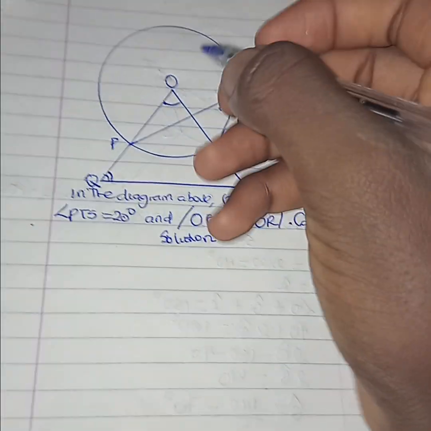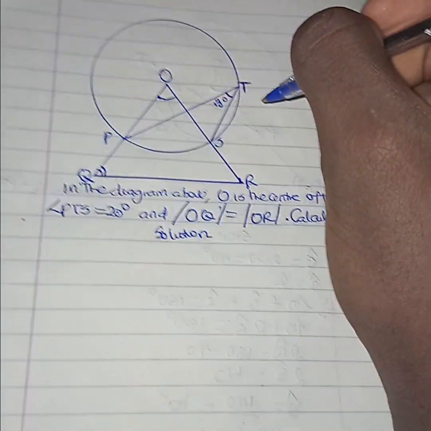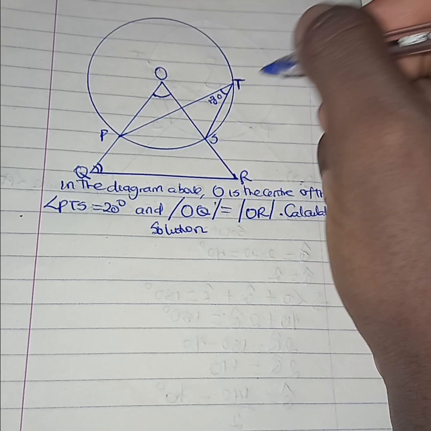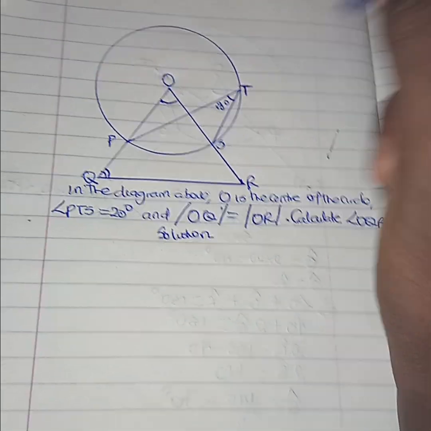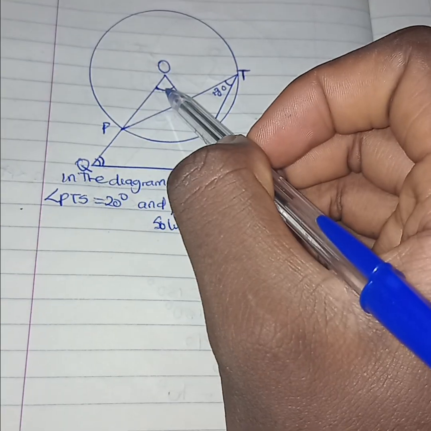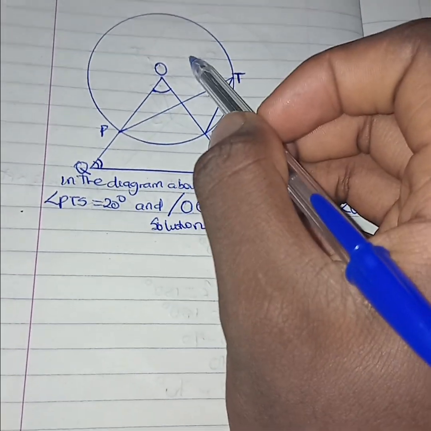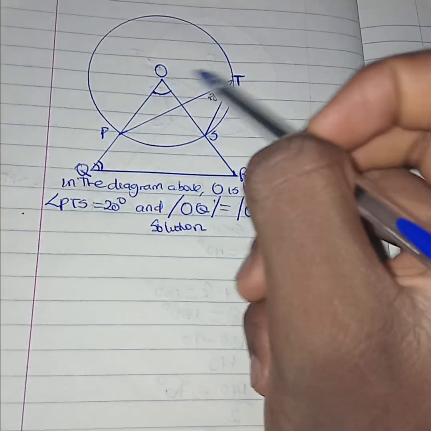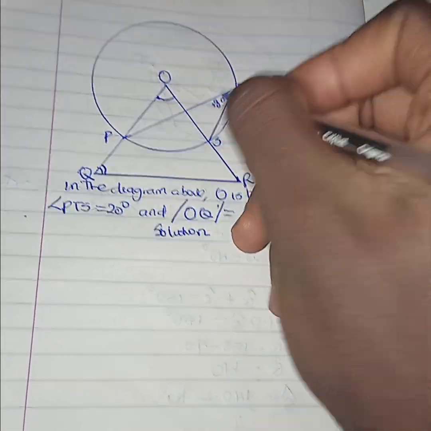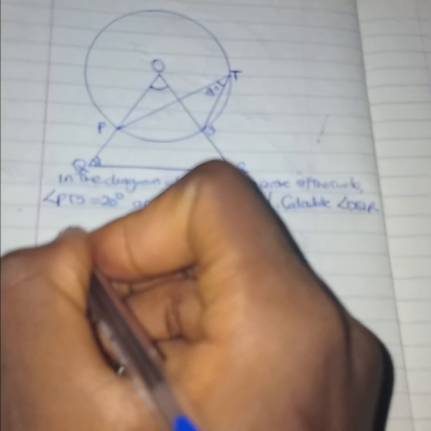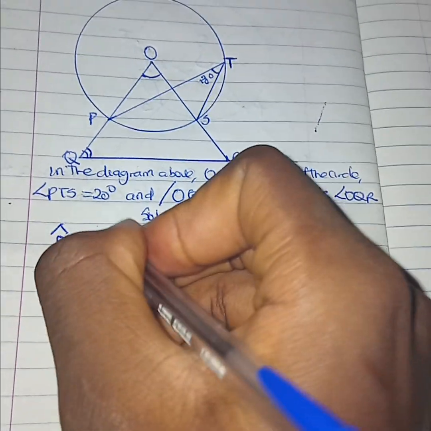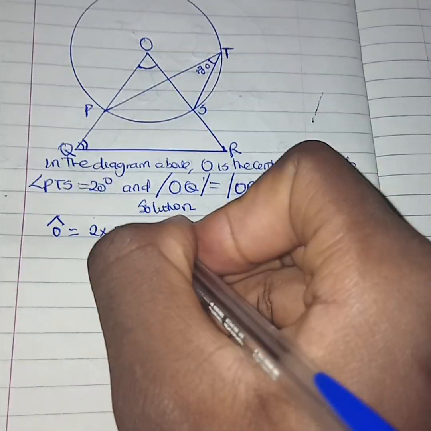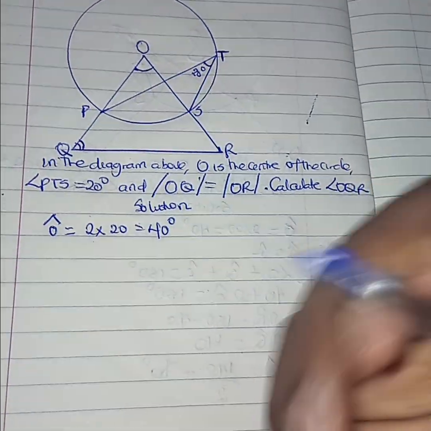It states that the angle at the center is twice the angle it subtends at any part of the circumference. Yes, you heard me right. That's to say that what is here is going to be equal to 2 times anything in the circumference of the circle. In this case, we have 20. So that's to say that O is equal to 2 times 20, which is equal to 40 degrees.